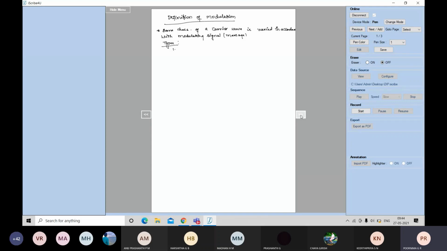One is amplitude shift keying, ASK. Second one is FSK, that is frequency shift keying, and then the third one is phase shift keying.